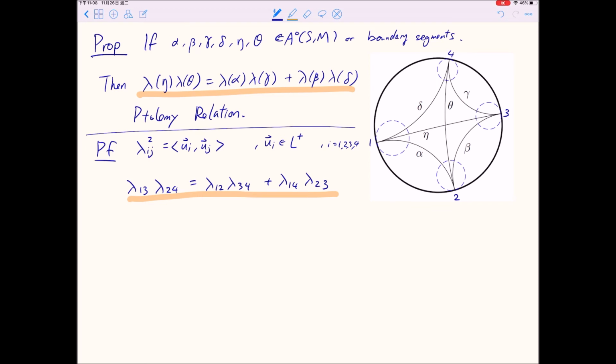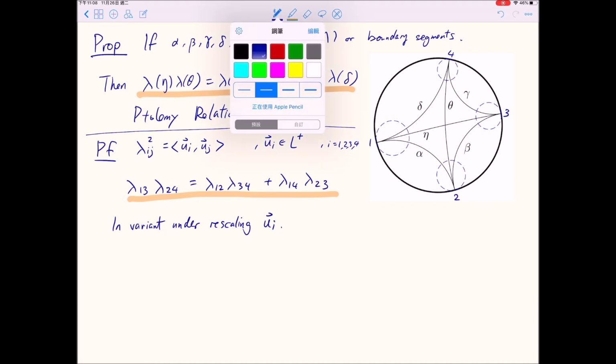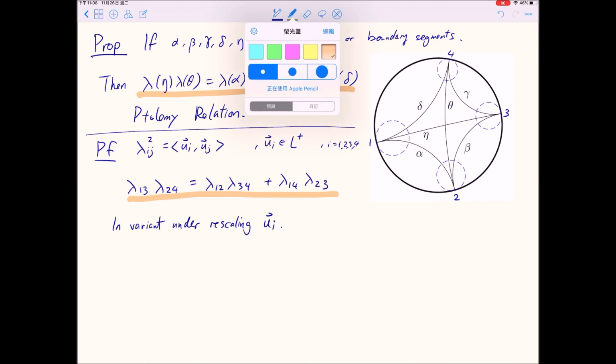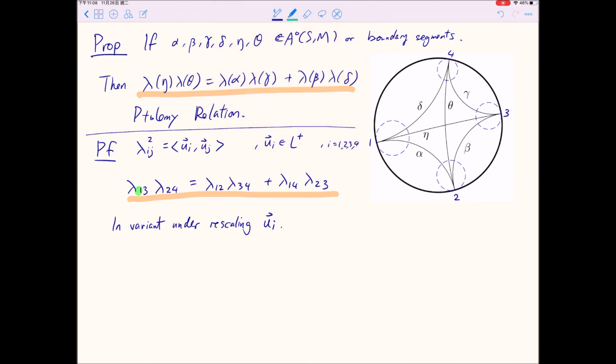But then you can see easily that this equation is invariant under rescaling each of the ui, because each term has exactly one of each index. So if you rescale u1, then this lambda length will get rescaled, this will get rescaled, this will get rescaled.